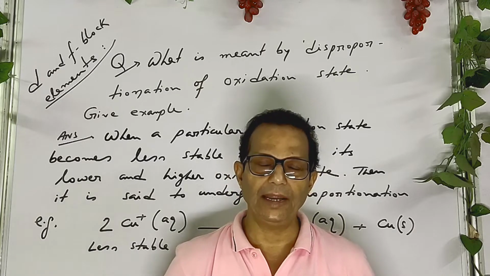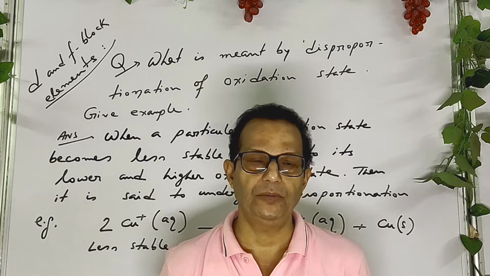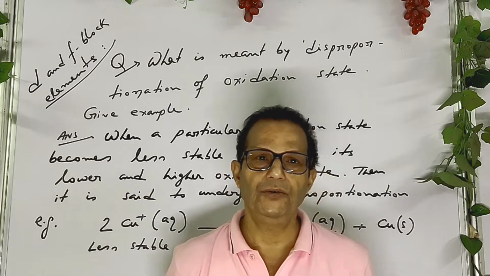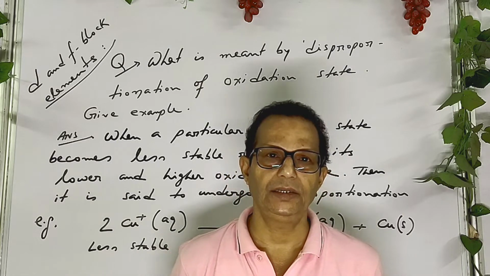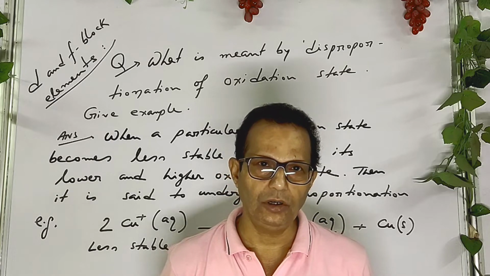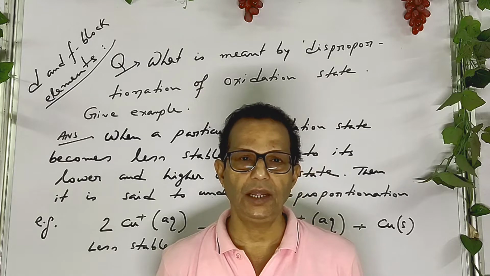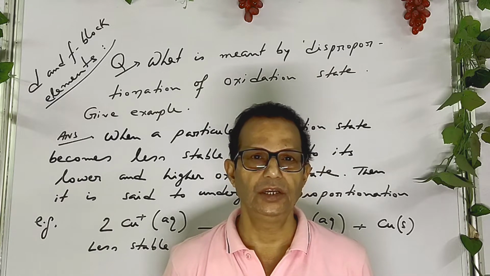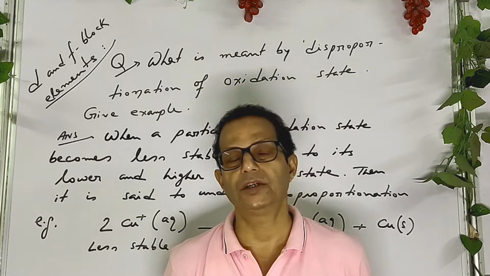For example, the Cannizzaro reaction is the best known example of disproportionation reaction, where formaldehyde undergoes conversion to methyl alcohol, that is reduction, as well as salt of carboxylic acid, that is oxidation. So it's a kind of disproportionation reaction.